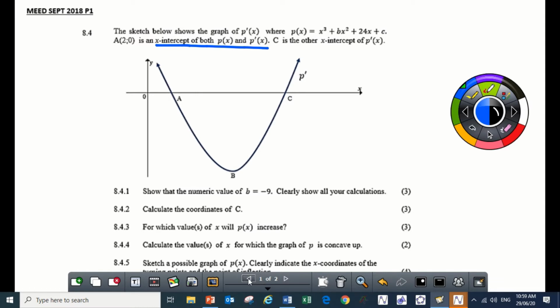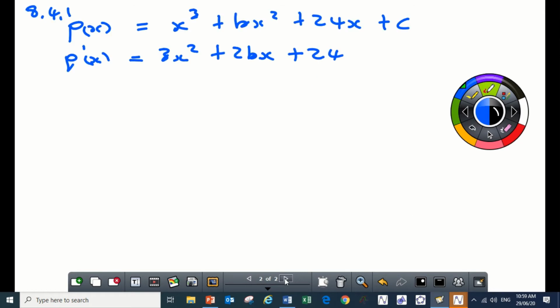Which means the first derivative is equal to what? To 0. That's why we have to use the first derivative to find the value of b. It's because one of the two turning points of the original cubic graph has got a turning point which is on the x-axis, which means the first derivative is equal to 0. That's why we are using that.